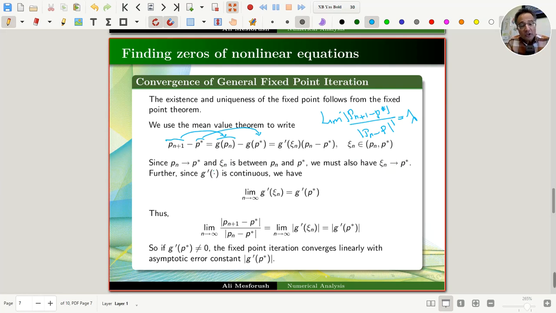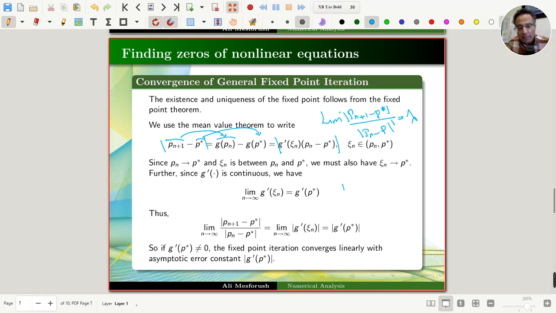Now, since G prime is continuous at any point in the interval, we get the limit of G prime of Cn as n goes to infinity is G prime of P star. Here if we take the absolute value, and we divide both sides by the absolute value of Pn minus P star, we get something like this.